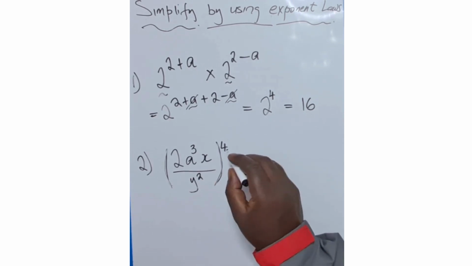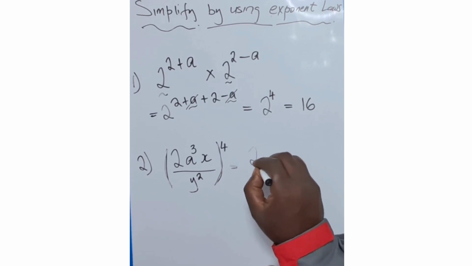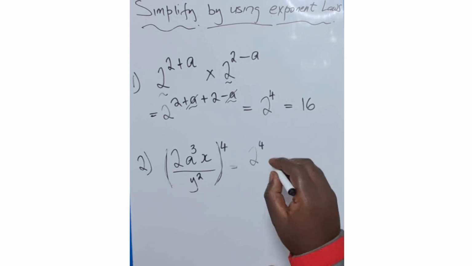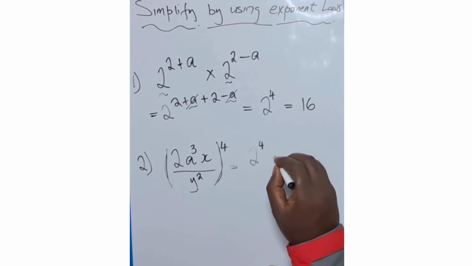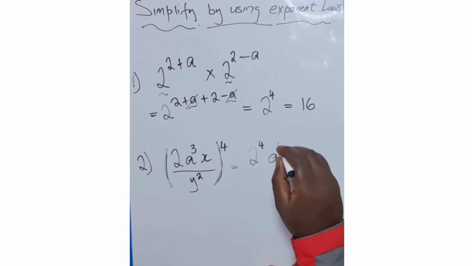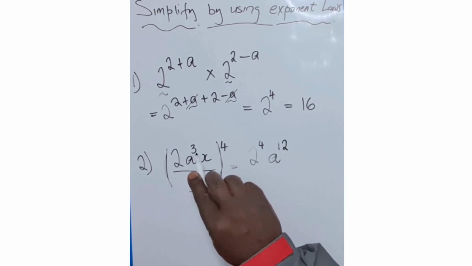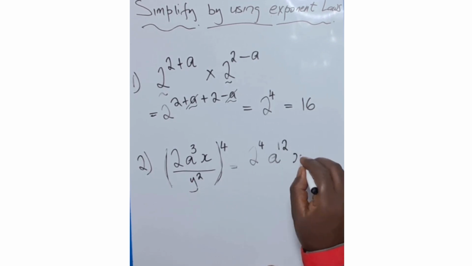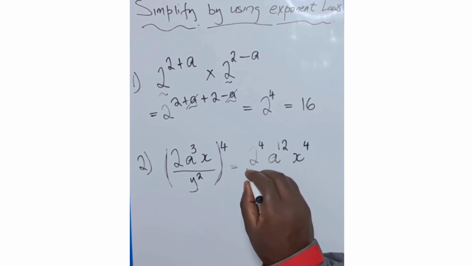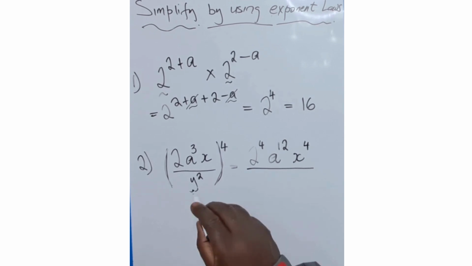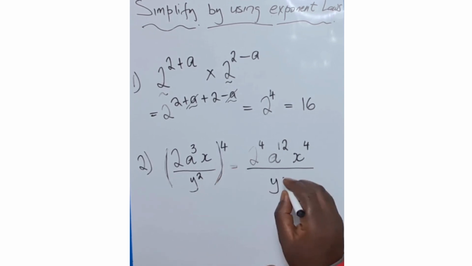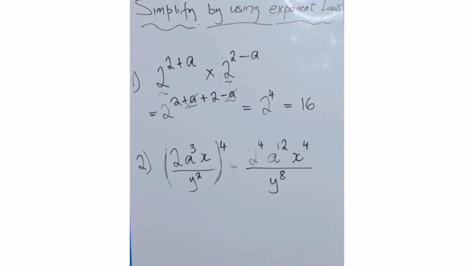So in this case, we're going to say this is 2 to the power 4, multiplied by 3 times 4, which is 12. Okay, so 3 times 4 is 12, multiplied by x, 1 times 4 is 4, divided by y, 2 times 4 is 8.